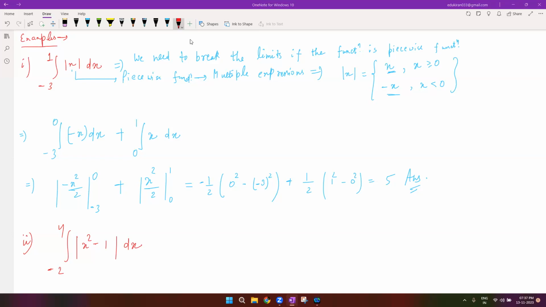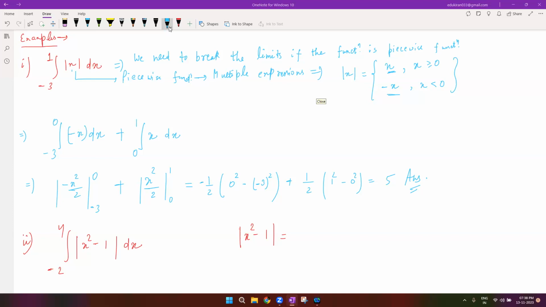Okay, ji. Again, as soon as I saw a modulus, I know that this modulus of x square minus 1 can be written in two ways. Let's start the second one. This is again the same.